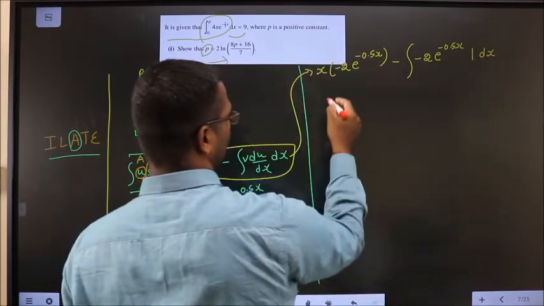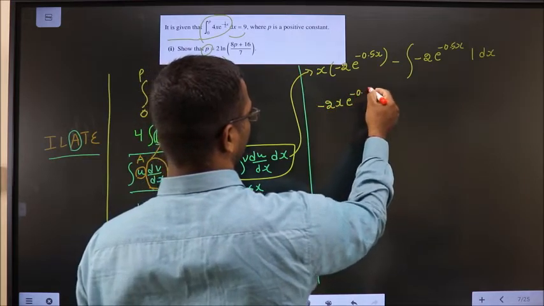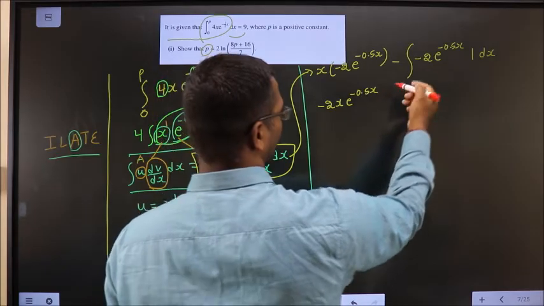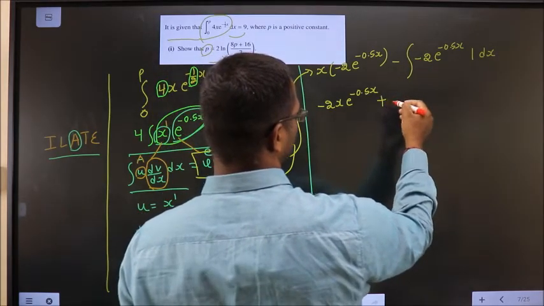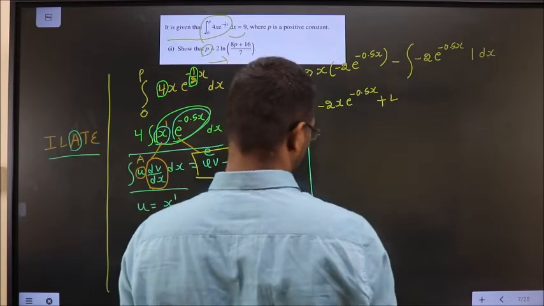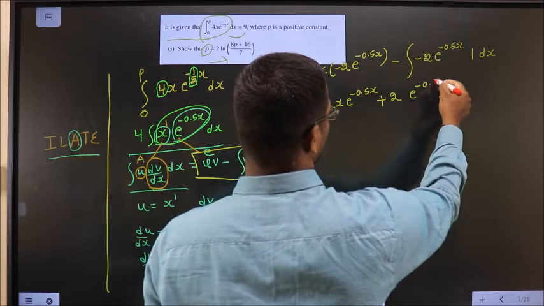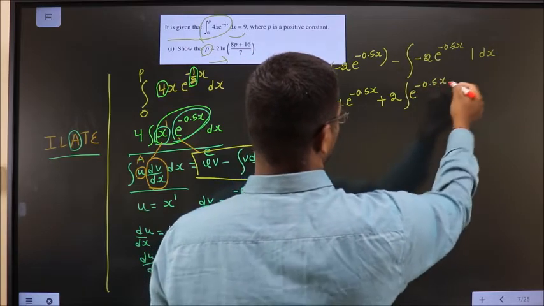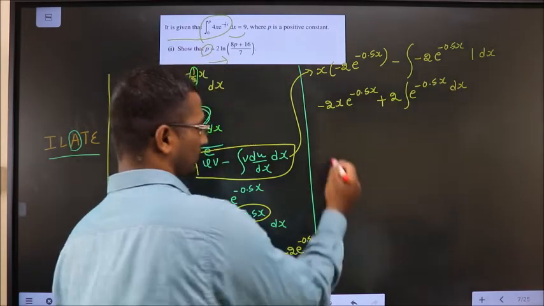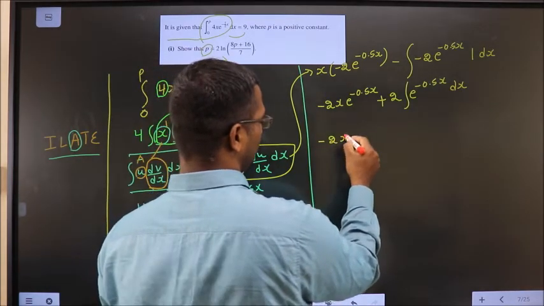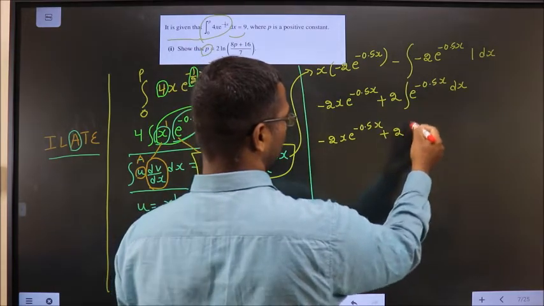Next, this will become minus 2x e power minus 0.5 x. This minus 2 comes out, making it plus, so plus 2 e power minus 0.5 x dx.